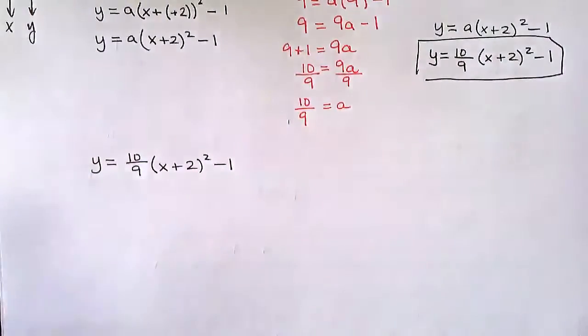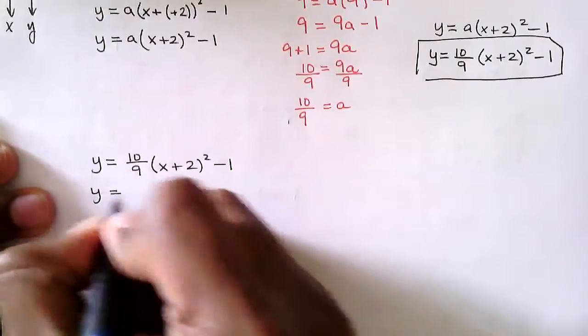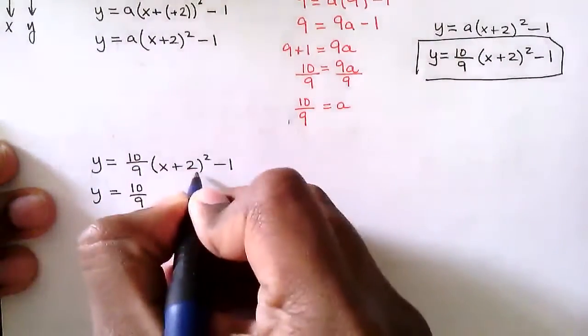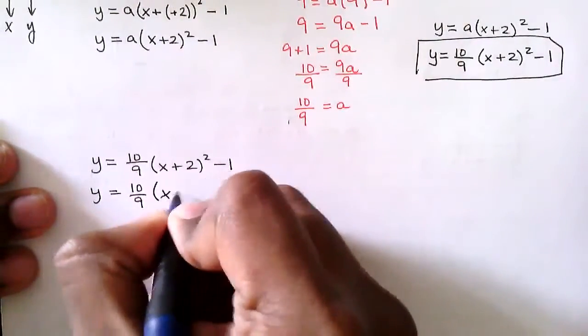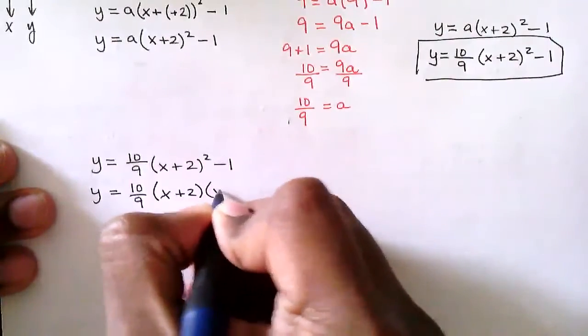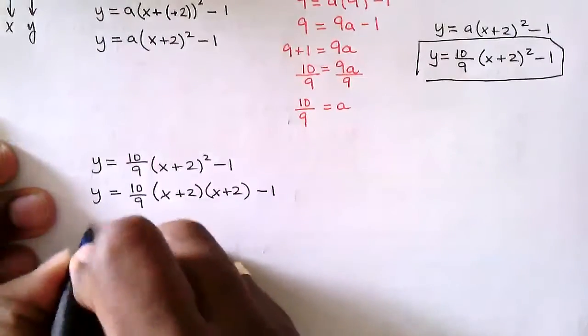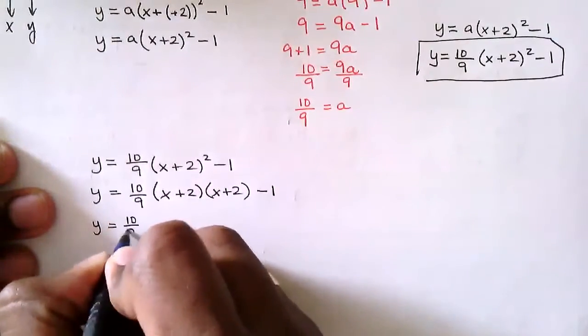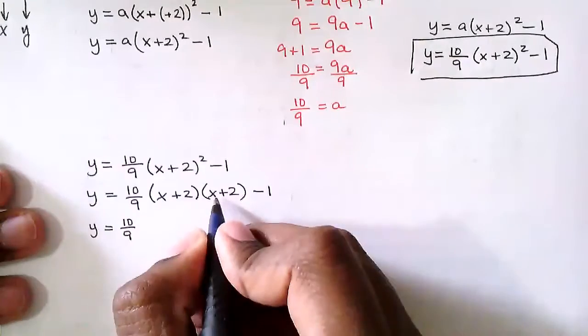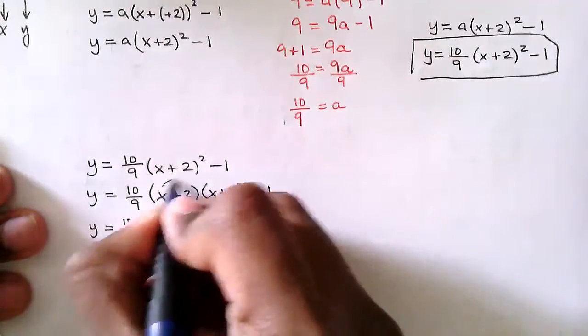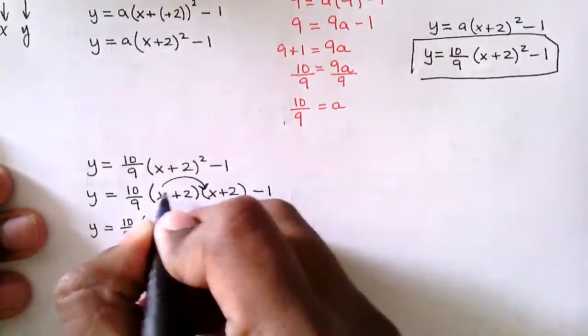Whenever you have something like this squared, you want to rewrite it as x plus 2 times x plus 2 minus 1. You want to use FOIL to multiply this out. So x times x is x squared.